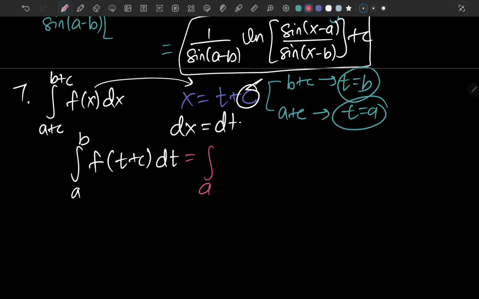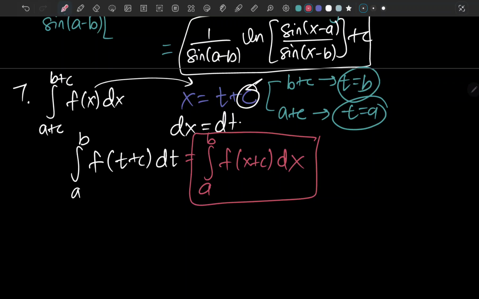We don't care about the index variable, as it is a definite integral. So this becomes f of x plus c dx. Like, I was about to change the function with some other function, but I have to change these limits to a and b respectively.